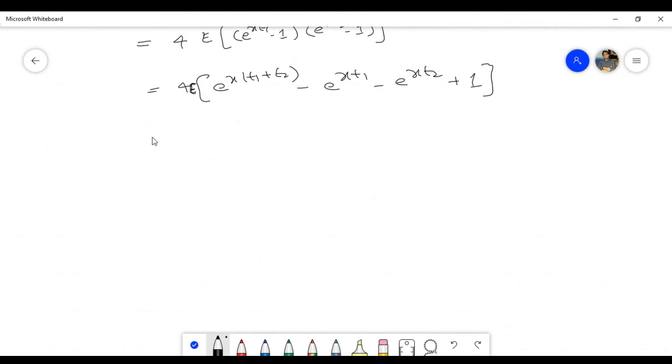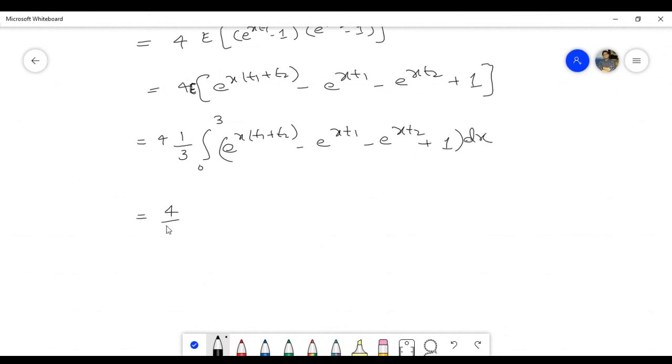Let us remove the expectation and just directly write the limit: 1 by 3, 0 to 3 e power x t1 plus t2 minus e power x t1 e power x t2 plus 1 dx.